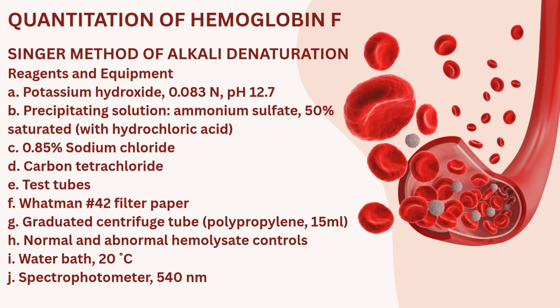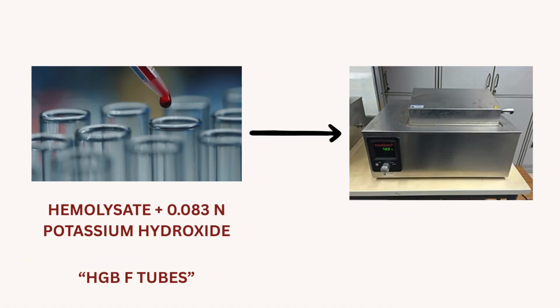And these are the reagents and equipment that will be used for this procedure. So prepare again the red blood cell hemolysate as described in the Betke method and pipette 1.6 ml of 0.083 N potassium hydroxide into the labeled tubes.